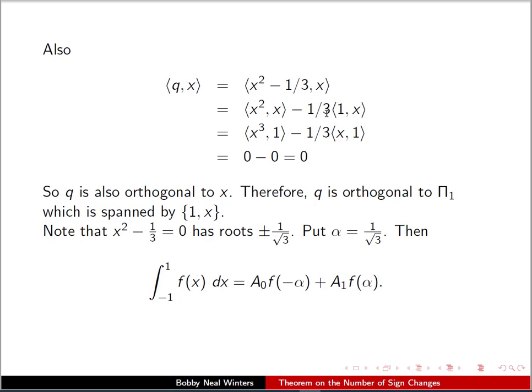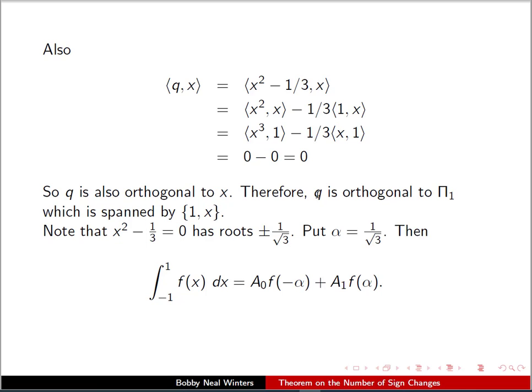Use the product to simplify, and with this inner product I can take this x and move it across the comma, make that an x cubed minus 1, so this is 0, and because this is odd, this is 0 since this is odd, so this is 0. So therefore q is orthogonal to x.